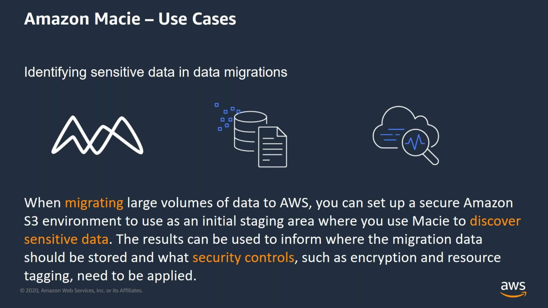So whether it's customers who are trying to move data from on-premises to the cloud, or they want to act on that data and perform either data governance or data hygiene from a security standpoint before that data is moved into a data lake, they can leverage Amazon Macie and Amazon S3 as a staging environment, have Amazon Macie discover sensitive data, apply some of the security control policies, such as encryption or resource tagging that need to be applied, and then that data can be moved into its final store, whether it's a data lake or during a migration from on-premises to the cloud.